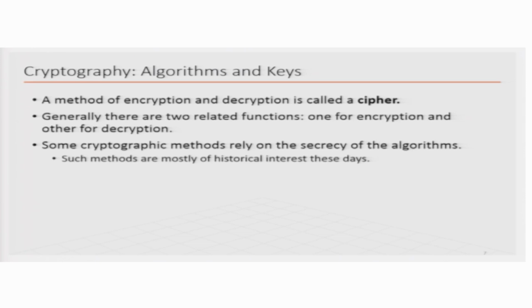That is the only secret that stood in the way of somebody, an eavesdropper, somebody who is trying to capture the message on its way and trying to understand it. It is secret to them, and therefore, they cannot do it unless somehow they figure out what the algorithm is.